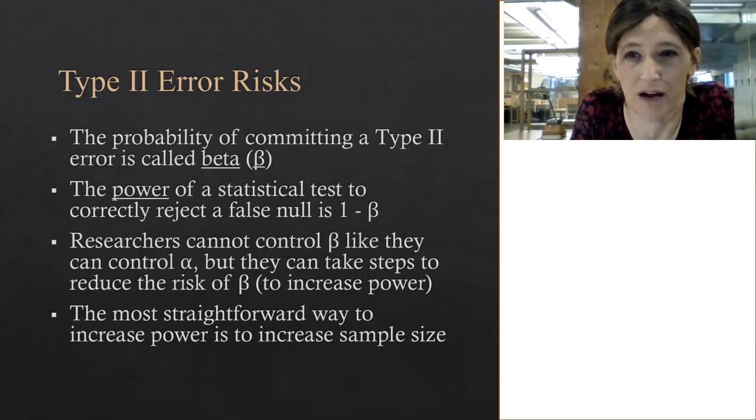I'm not going to go a lot into calculating sample size and power in this class, but the power of a statistical test to correctly reject a false null is 1 minus beta. So we set a beta value, again, our willingness to make a type 2 error. But we really can't do much to control that error other than increasing the sample size.